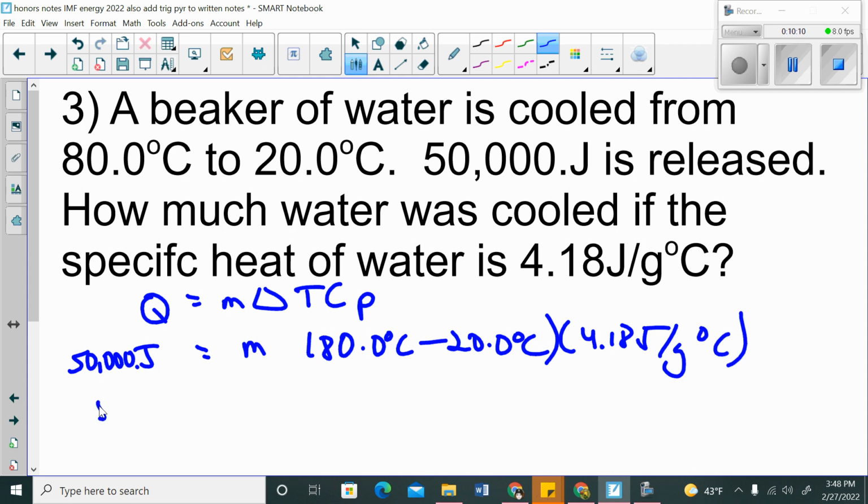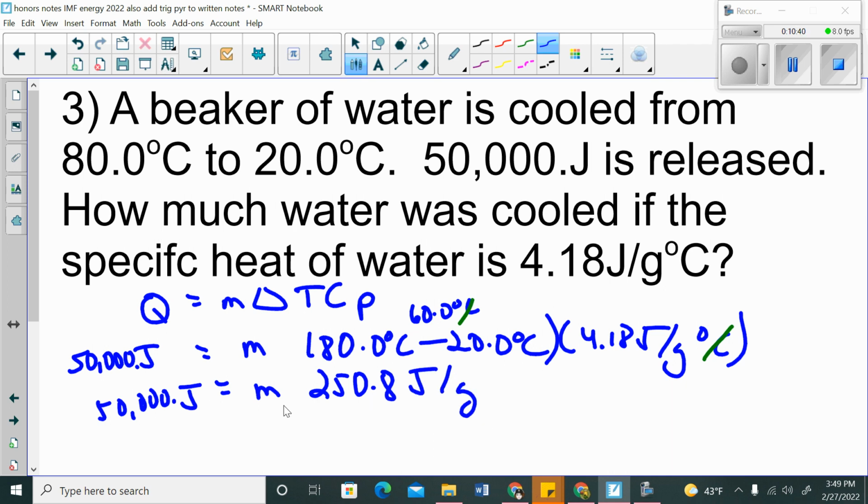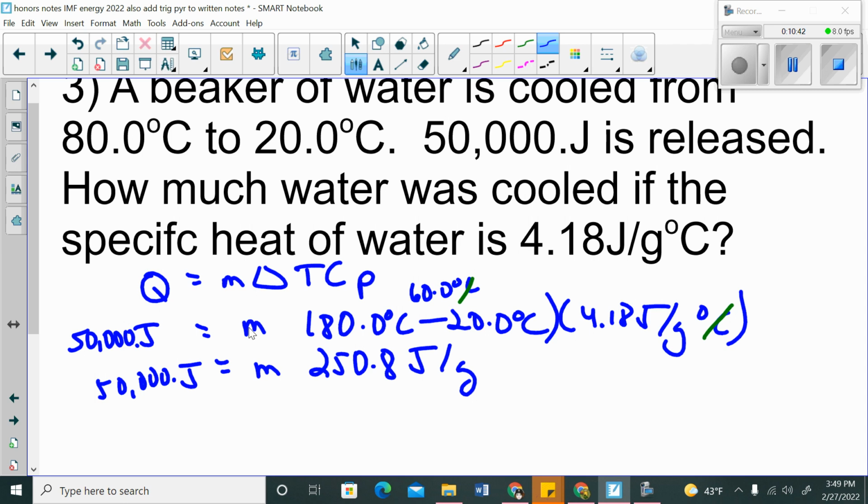All right, so the m will stay. 80 minus 20 is 60. And 60 times 4.18, let's see what we get. And what can cancel? Celsius and Celsius so far. So this is 250.8 joule per gram. You're trying to solve for m, so you will need to divide.